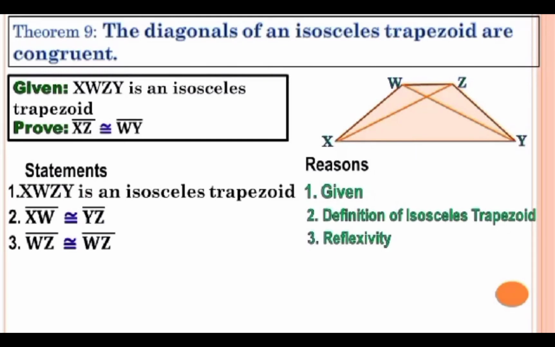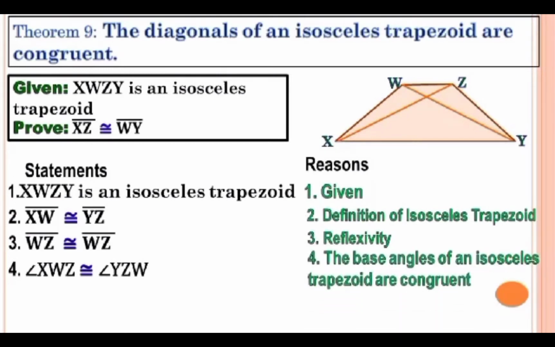So, a segment is congruent to itself. Fourth statement, we have angle XWZ is congruent to angle YZW. So the base angles of an isosceles trapezoid are congruent.